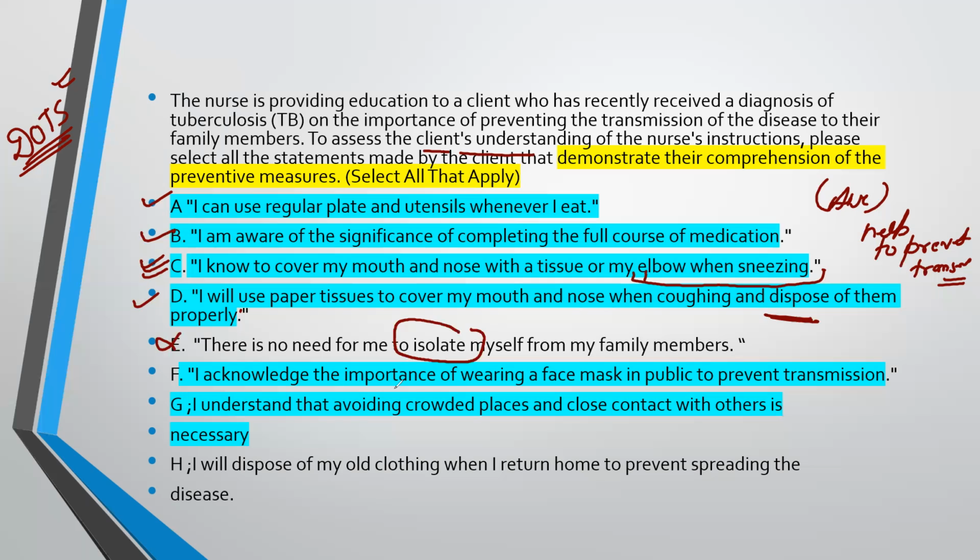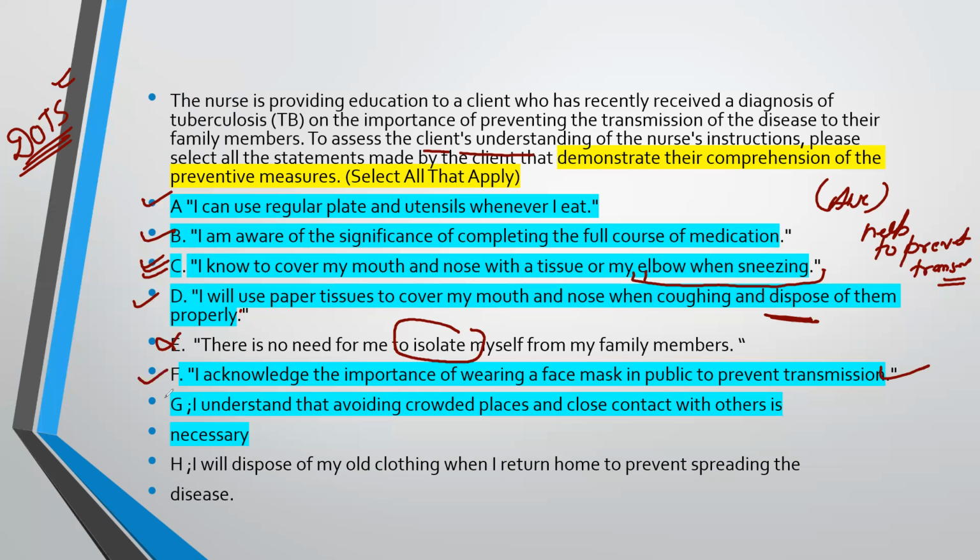Next option, I acknowledge the importance of wearing face masks in public to prevent transmission. This is also the right answer, because when a patient is suffering from contagious diseases like tuberculosis or COVID, prevention is based on using the face mask. So a face mask is very important to prevent airborne infections.